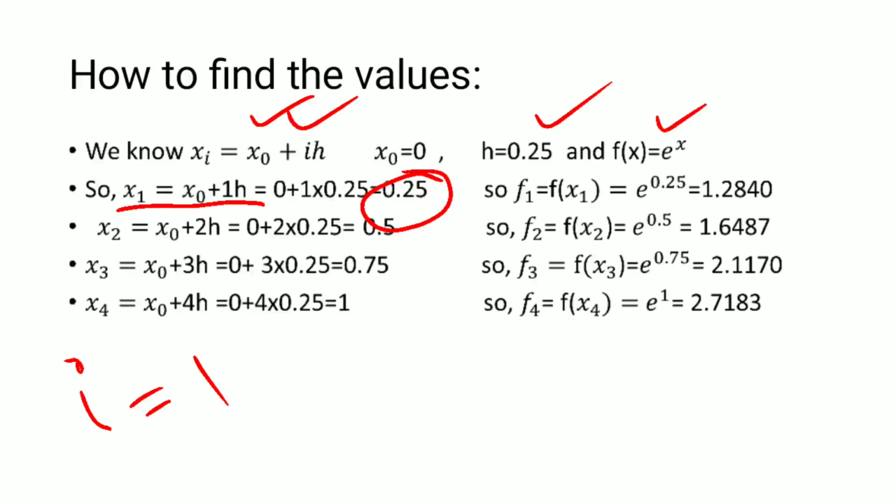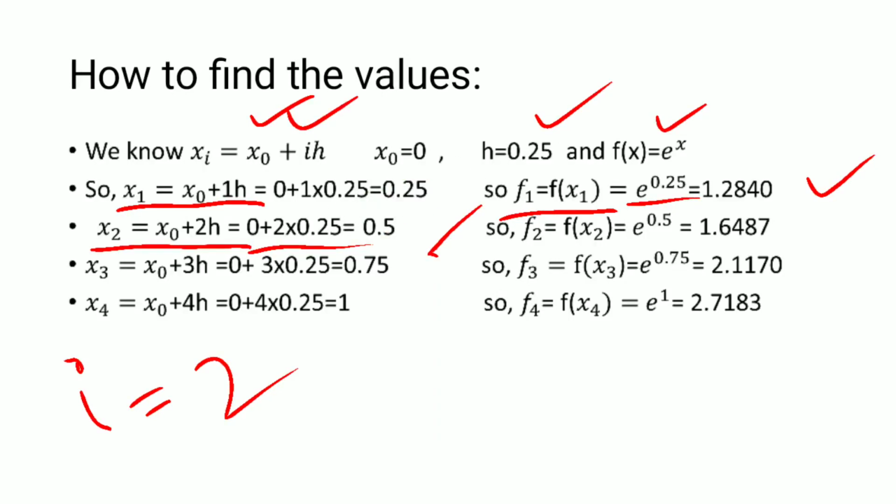That is, f1 will be f of x1, the value of the function at the point x1. So f1 will be e to the power 0.25, since fx equal to e to the power x, that will be 1.2840. Now we put i equal to 2, so we get x2 equal to x0 plus 2h, that is 0 plus 2 into 0.25, that is 0.5.